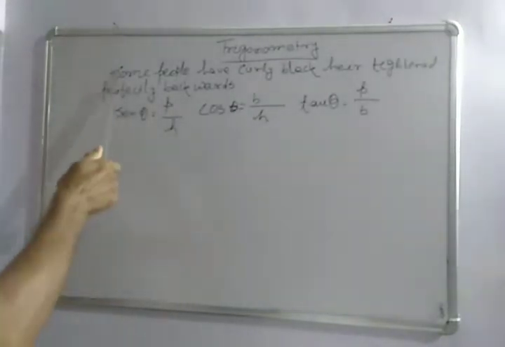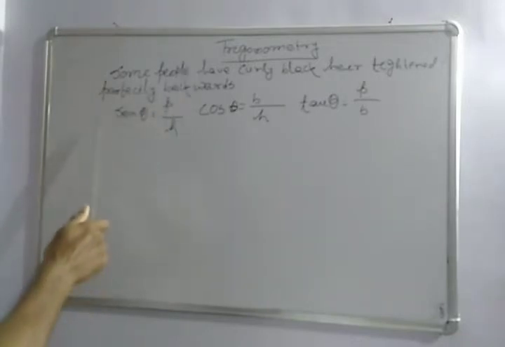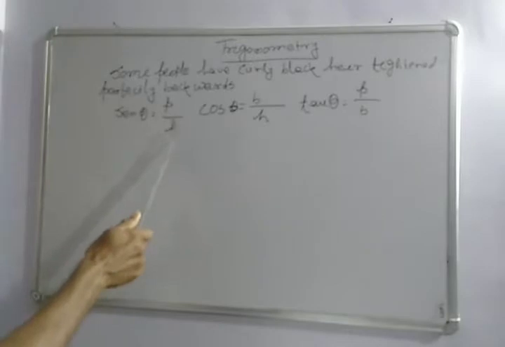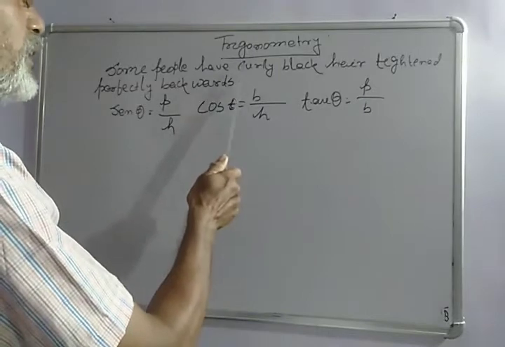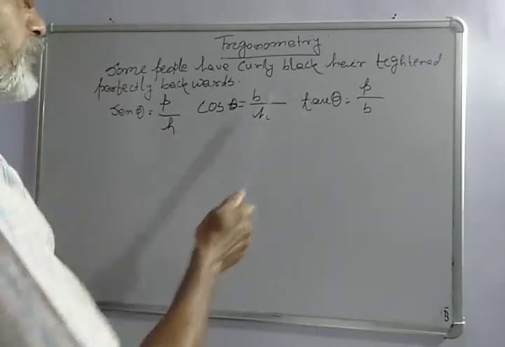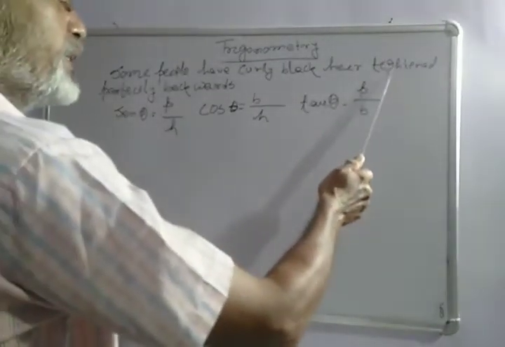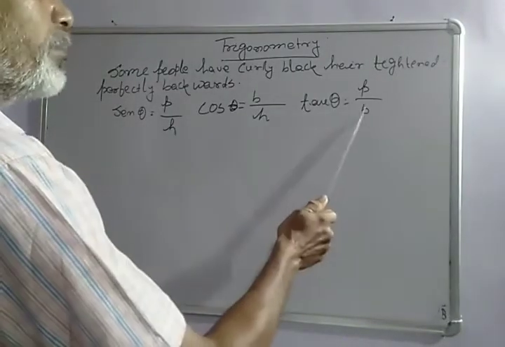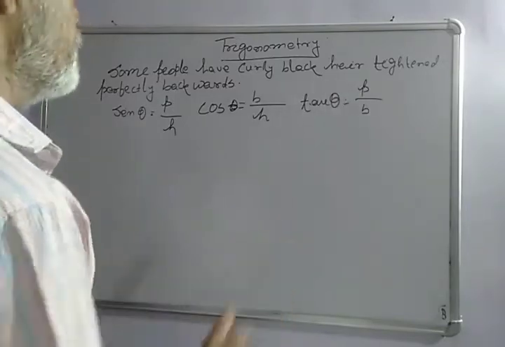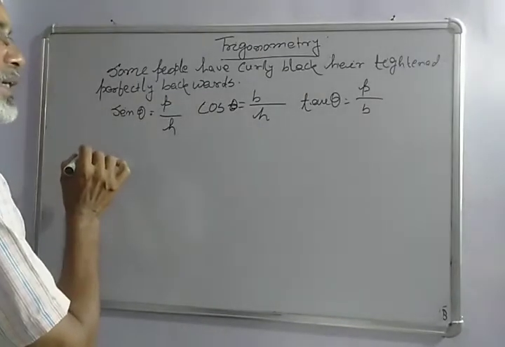Sine theta: S for sine, P for people, H for half, so sine theta is equal to P by H. Cos theta: C for cos, B for base, H for hypotenuse, so cos theta is equal to B by H. Tightened: T for tan theta, P for perfectly, B for backward, so tan theta is equal to P by B. The reciprocals of sine, cos and tan will give you the formulas for cosec, sec and cot.